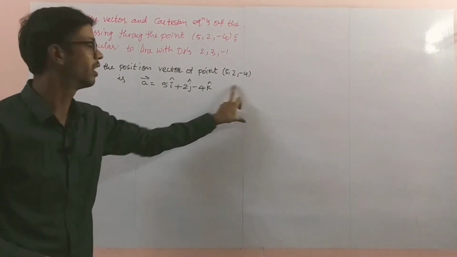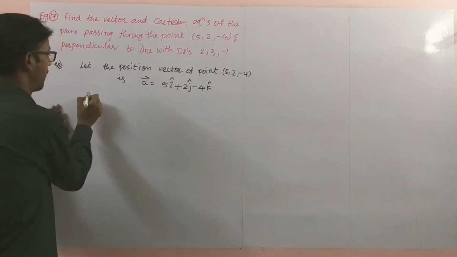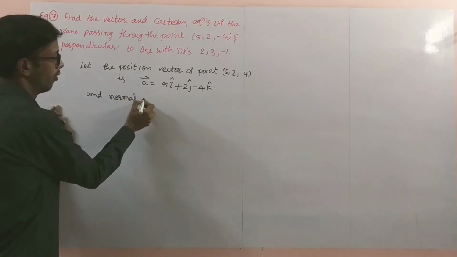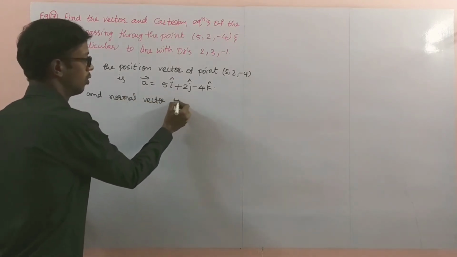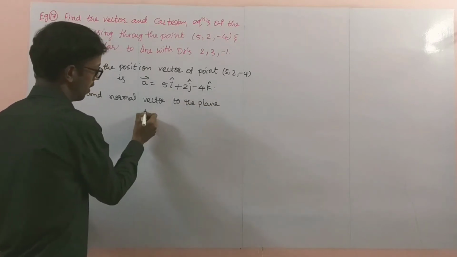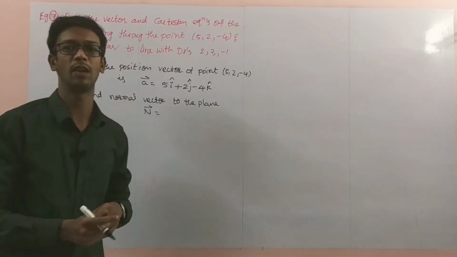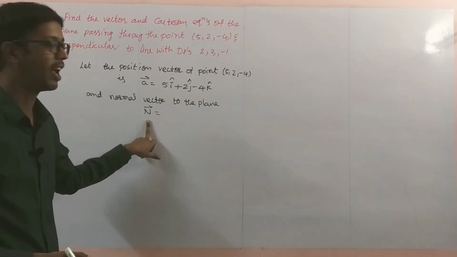Capital A we will name with position vector A bar, and the normal vector to the plane, N bar, we will indicate with the normal vector. Normal means perpendicular vector, that is capital N bar.